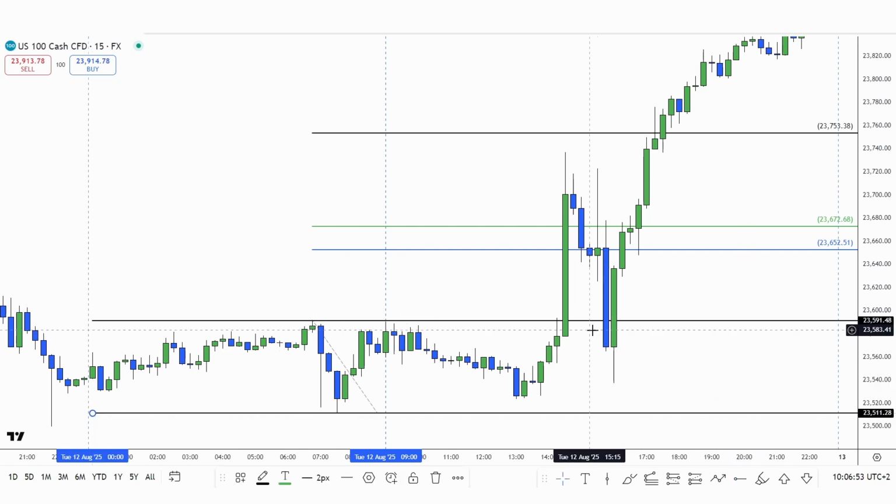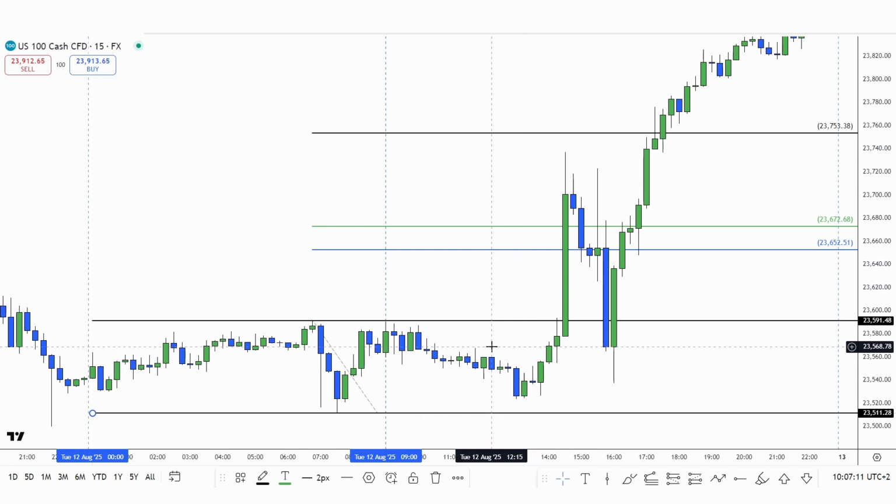So as you can see, price action inside this range is in consolidation, right? This is our consolidation. As you can see, price just goes up, down, up, down, up, down. So there's no clear direction that the market is going up or down, bullish or bearish at this point.